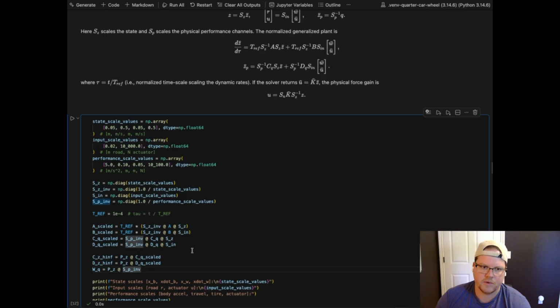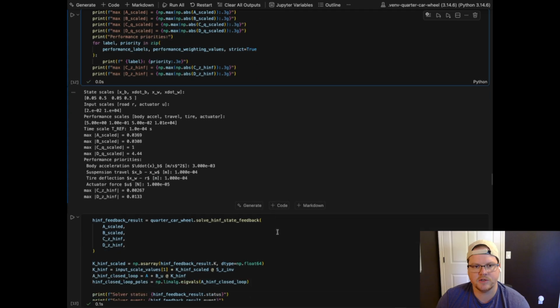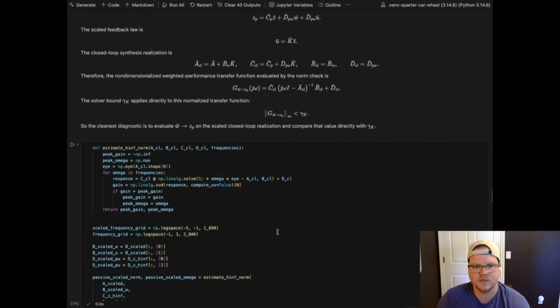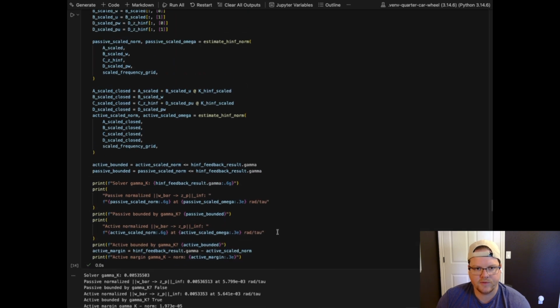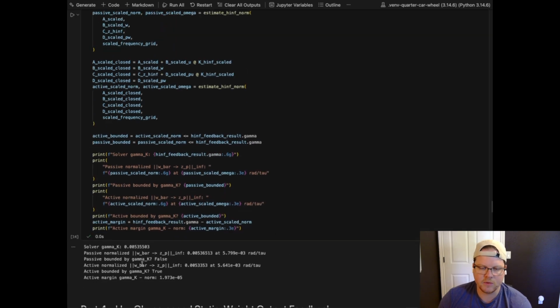So later, when I am doing the H infinity norm metric, which was similar to what was performed in the H infinity state feedback here, where we were analyzing the passive and the active H infinity norm as a frequency spectrum.